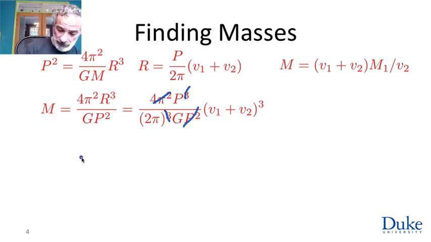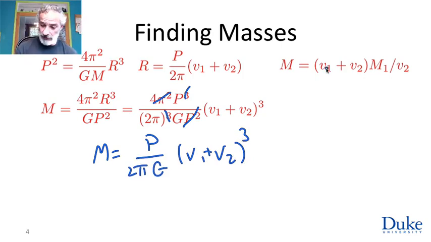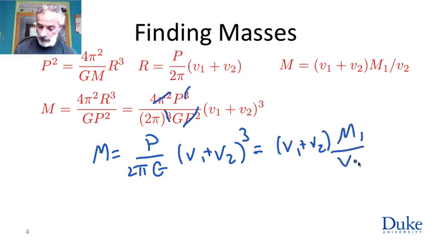and I get left with 1 power of P up top, and I can write an equation that says that M is P over 2 pi G times V1 plus V2 cubed. But I also have this other expression for M in terms of my friend M1, and that's V1 plus V2 M1 over V2.